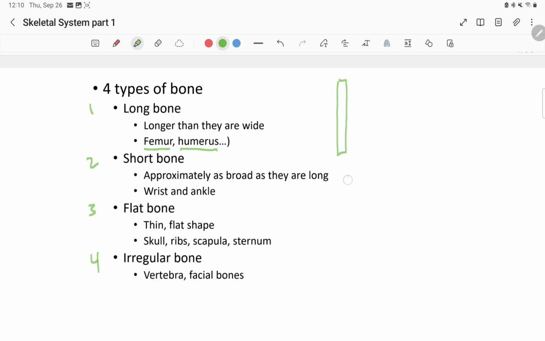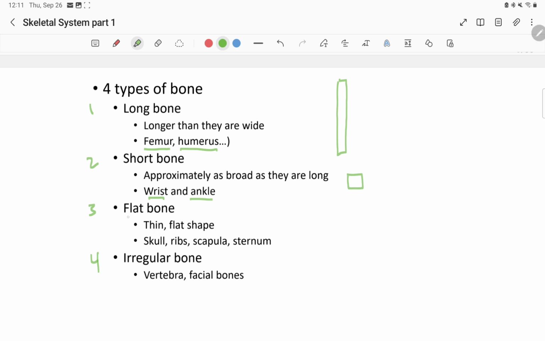Okay, short bones are about as wide as they are long. So almost look at them like a dice, like a game dice. Good example would be your wrist bones. So those are your carpal bones, and your ankle bones or tarsal bones.